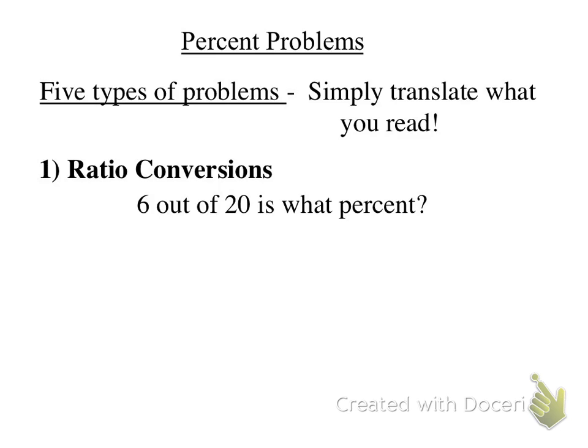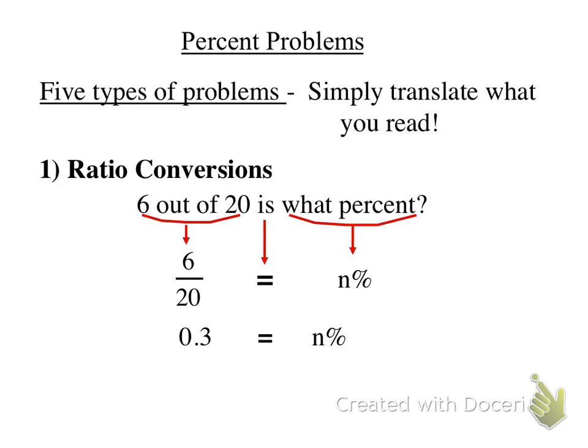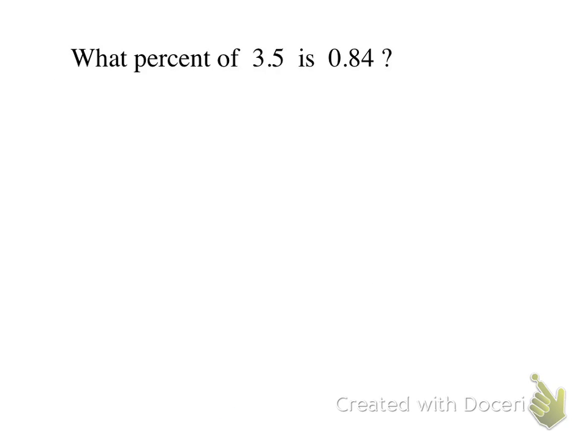Next type of problem we had, I like to build the equations because I'm teaching you guys really how to read a word problem and start. What would I put for what percent? n%. Of means times 3 5/10, equals 0.84.